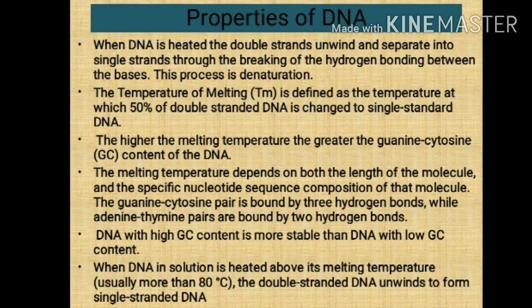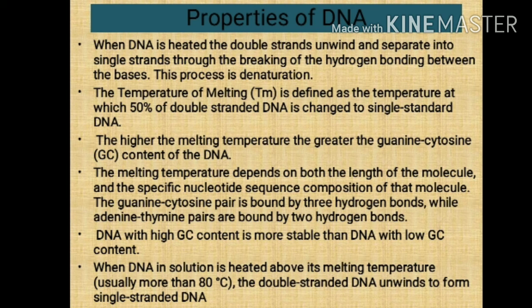When DNA is heated, the double-stranded DNA unwinds and the strands separate into single strands through the breaking of the hydrogen bonding between the bases. This process is called denaturation. The melting temperature, Tm, is defined as the temperature at which 50% of double-stranded DNA is changed to single-stranded DNA.